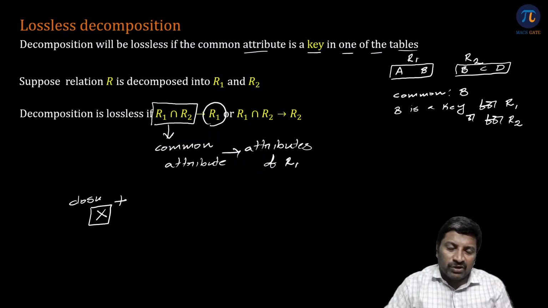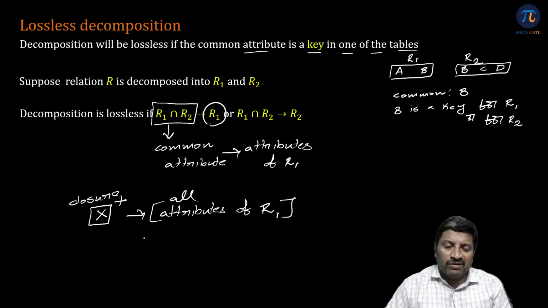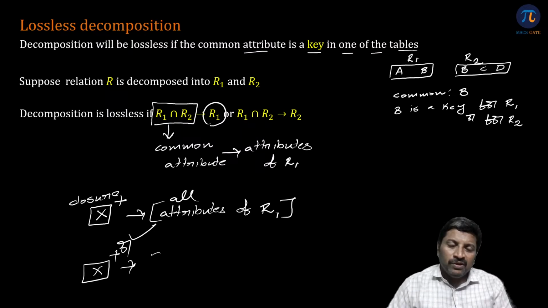Suppose this contains all attributes of R1. That is fine. Or the closure should contain all attributes of R2. Any one of the conditions is enough, sir.